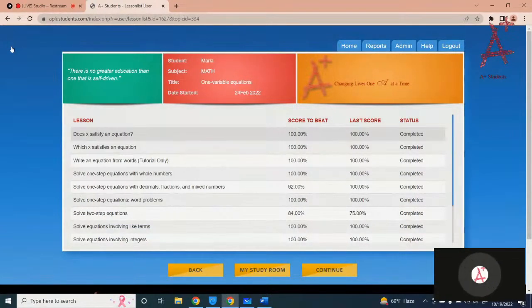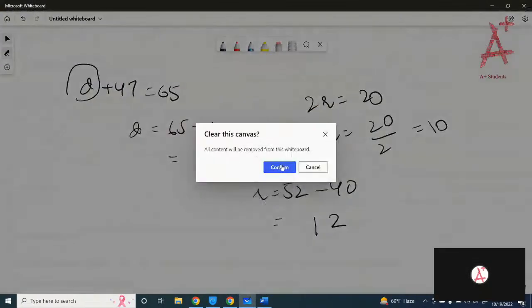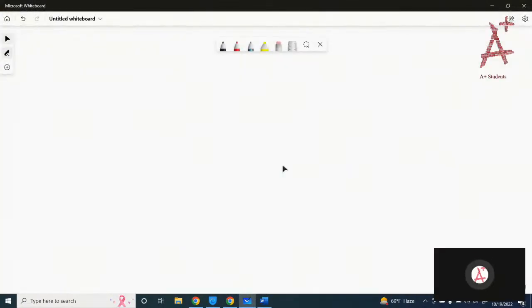Okay, then next one is solve one step equations. Let me write down the lesson name. We'll start then. So the lesson name is solve one step equations with decimals, fractions and mixed numbers.